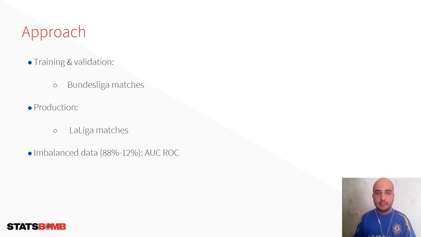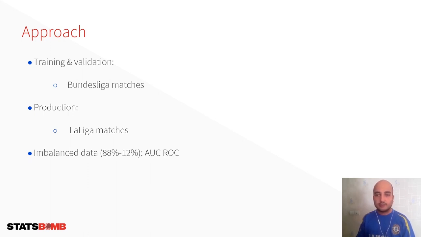Since the data set is very imbalanced, we have 88% of the passes non-penetrative and only 12% of them penetrative. That's why we cannot use accuracy as our evaluation metric, and we use AUC-ROC. For people who don't know what AUC-ROC is, just assume it's a score between 0 and 1, and the higher the score is, the better and more reliable the model is.